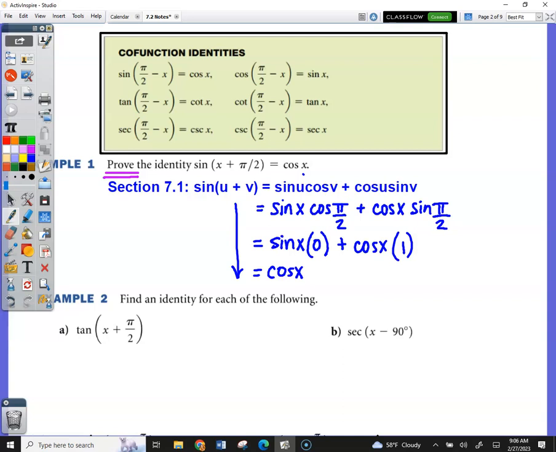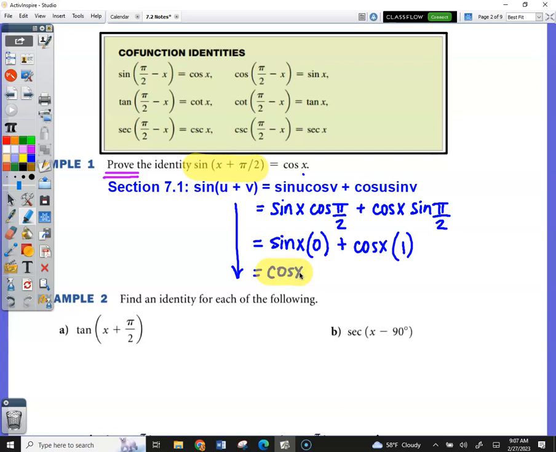Let's do another one. It says find an identity, which is a nice way of saying, hey, take what you just did and do it again. And now what you're noticing, if you look up here, sine of some value plus pi over 2, right? That's how you read that. Doesn't matter what the value is, if you're adding pi over 2 to it, you come to what? Cosine x. This is a formula that's on your formula sheet.